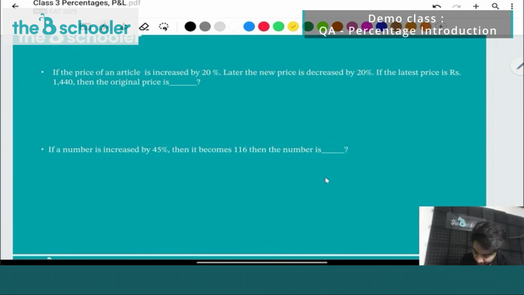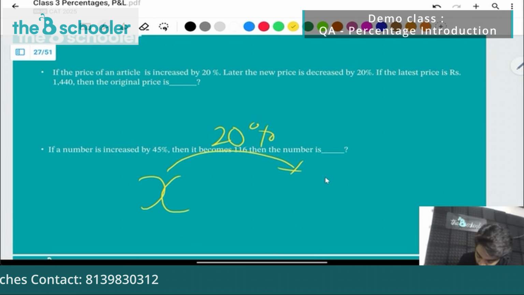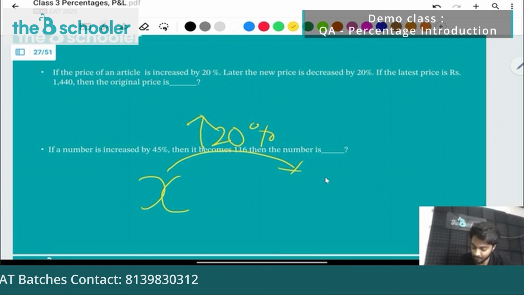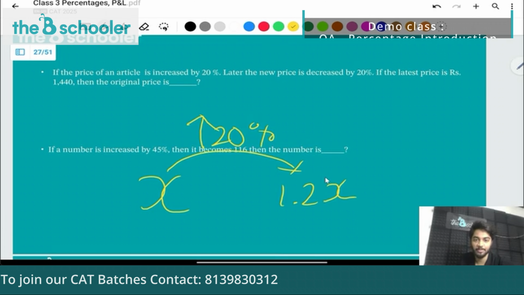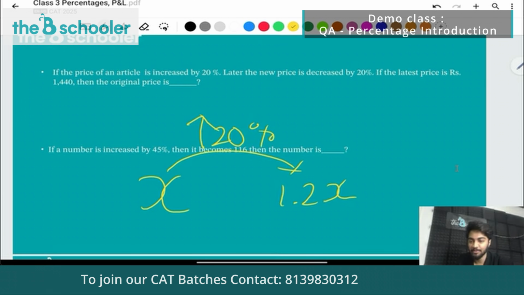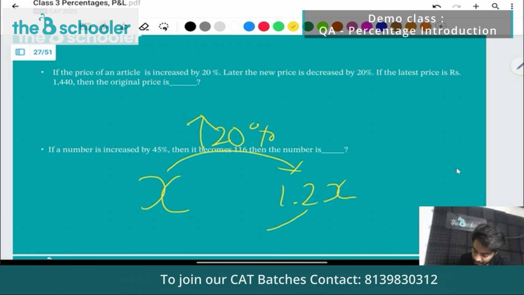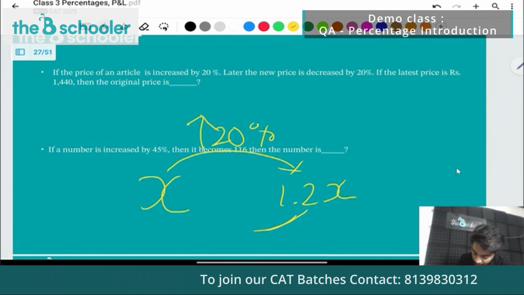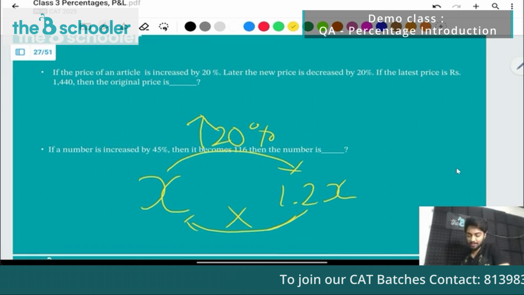What I was telling is, if we start from a point, let's say x, and increase it by 20 percent, marking it like this, you will come to 1.2x, correct? That we learned earlier. Now from here, when we reduce by 20%, we will not come back to x.